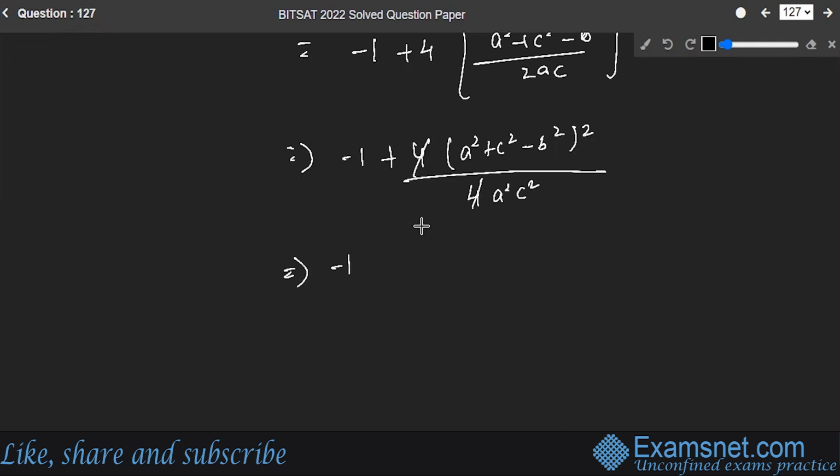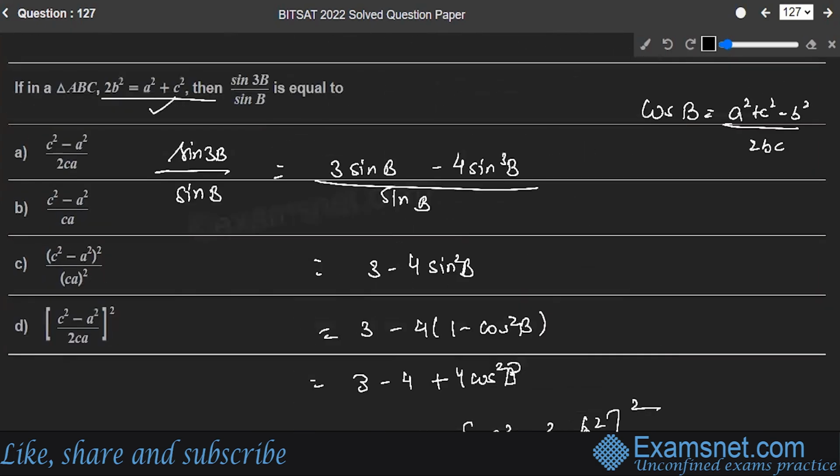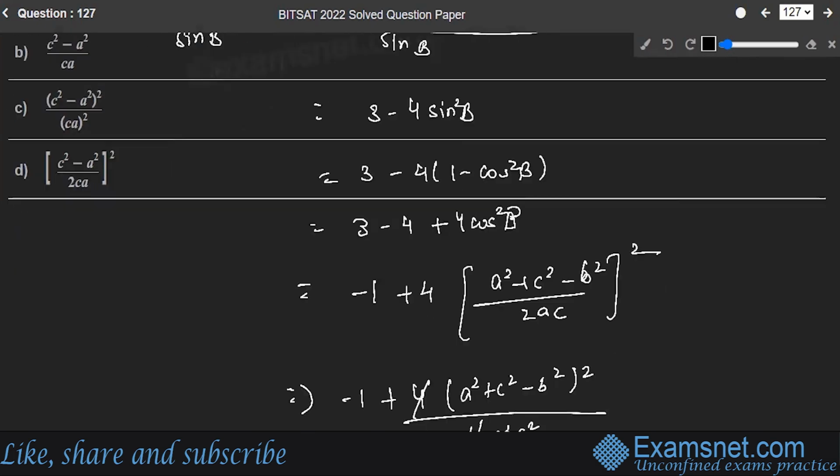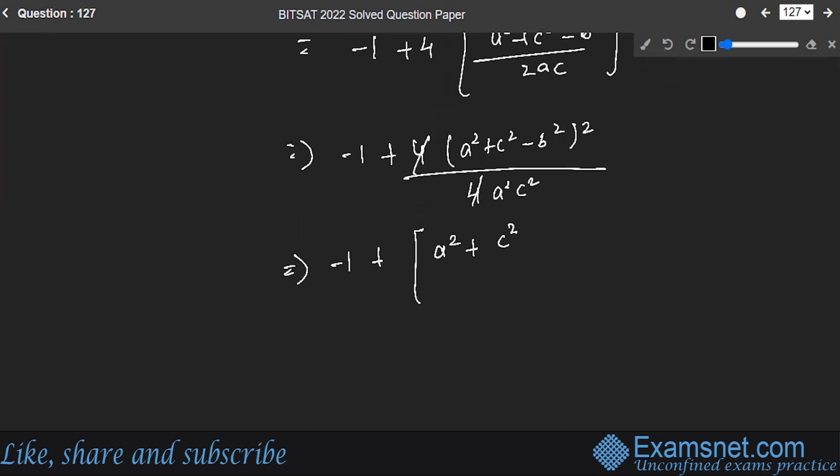minus 1 plus, this will be, okay, I'll write it as a square plus c square. See, you are given in the question that 2b square is equal to a square plus c square, right? So this will be a square plus c square minus a square plus c square upon 2 whole divided by a square and c square.